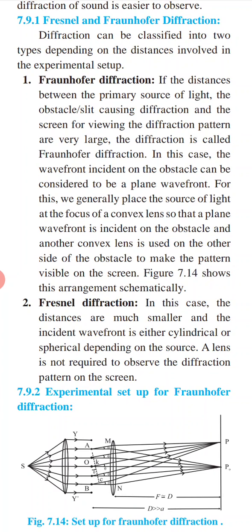In this case, the wavefront incident on the obstacle can be considered a plane wavefront. For this, we generally place the source of light at the focus of a convex lens so that a plane wavefront is incident on the obstacle, and another convex lens is used on the other side of the obstacle to make the pattern visible on the screen.